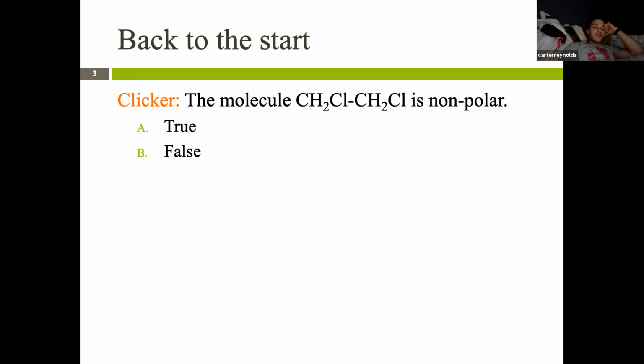Well, we talked about it a lot at the beginning of the semester, but for example, hydrogen is polar, CO2 is non-polar. It's just like a linear bond, for example, linear bond would be non-polar.